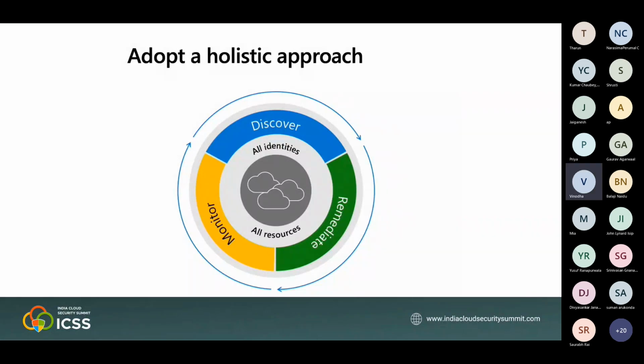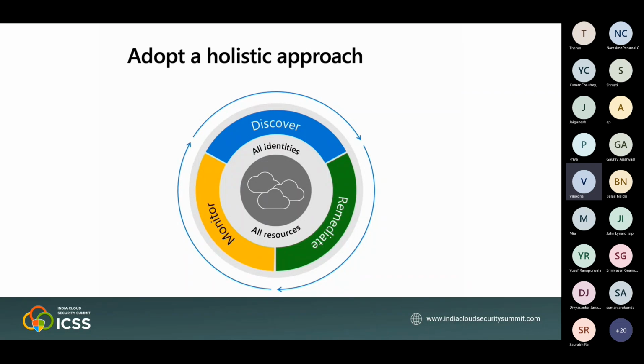So overall, Microsoft Entra permission management provides you comprehensive visibility into the permissions assigned to all the identities. And permission management detects and automatically right sizes the permissions and continuously monitors the unused and excessive permissions.